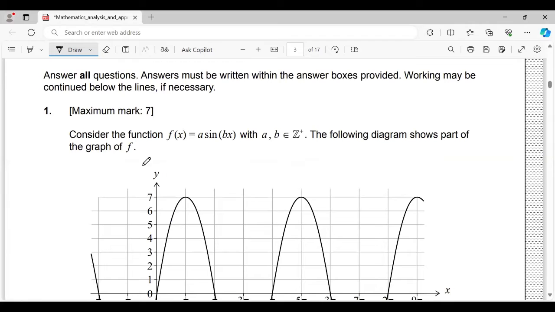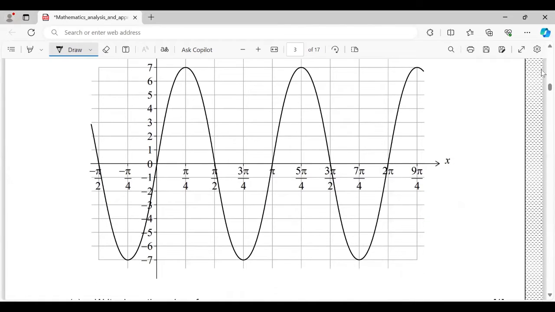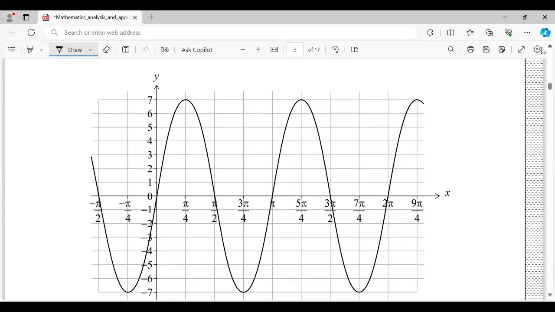Number 1, consider the function f(x) equals a sine bx. The following diagram shows part of the graph of f(x). This is the graph of f(x) equals a sine bx.